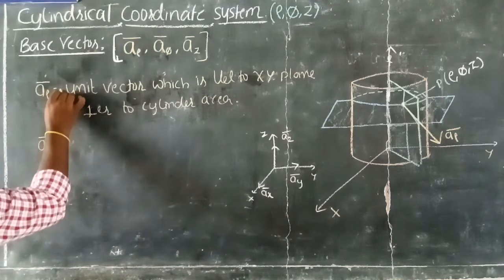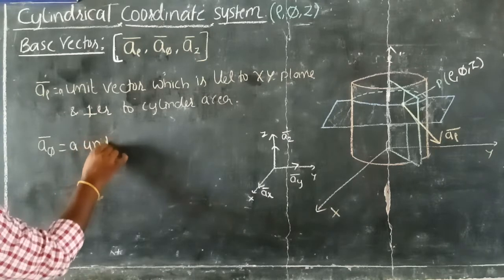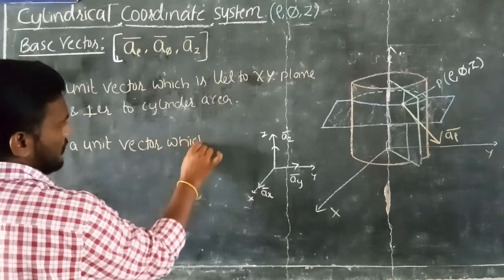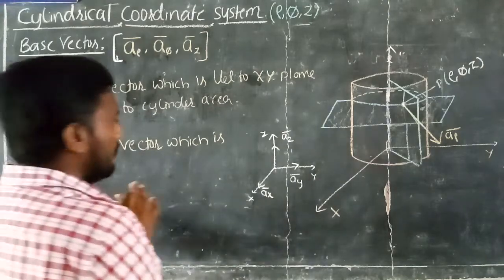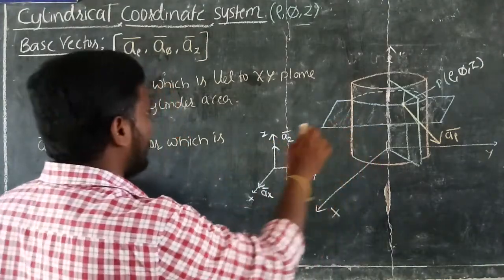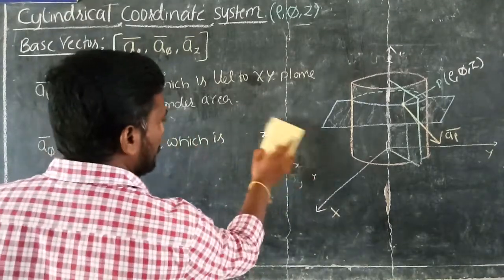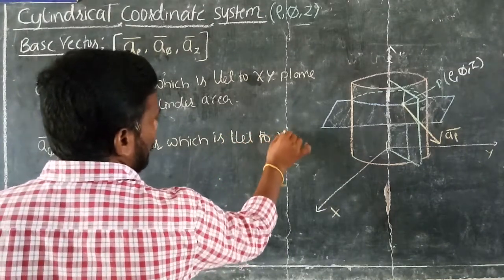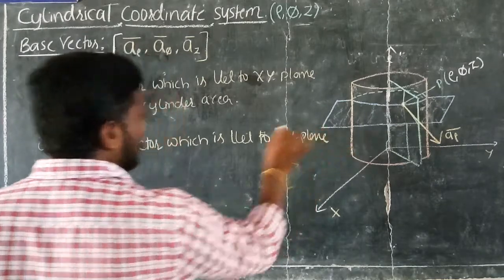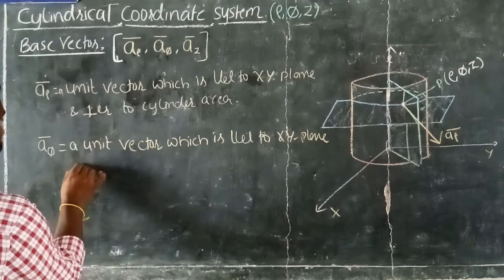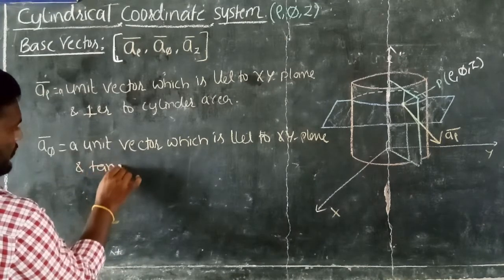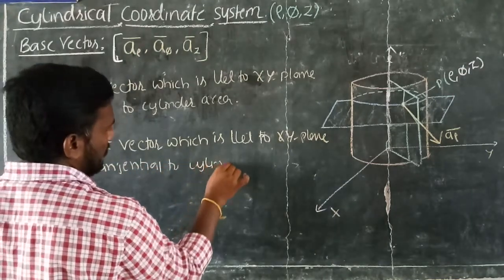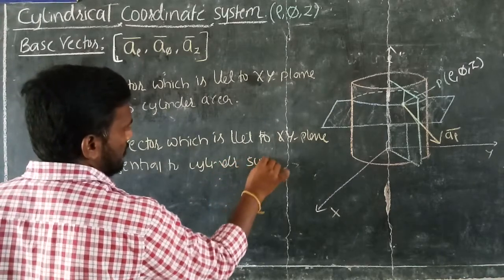A phi bar is a unit vector which is also parallel to the xy plane, and tangential to the cylinder surface area.